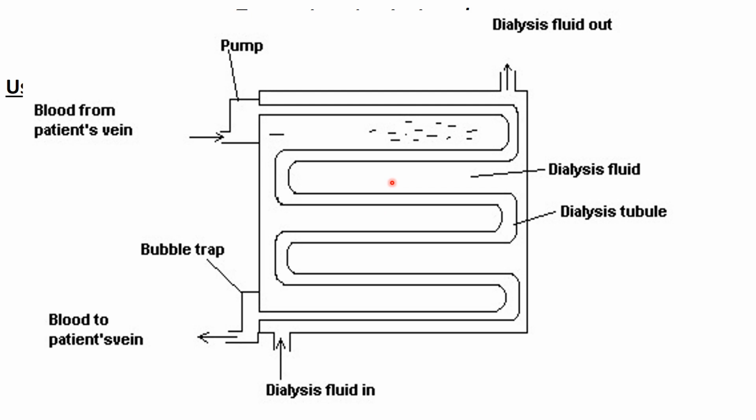So what features make the dialysis machine do its job effectively? First, as you can see, it is long and coiled to increase the surface area of diffusion. Second, it is made of a thin permeable membrane so that it can allow some substances in the blood to pass through while preventing others from passing through, such as blood platelets, which are not supposed to pass.